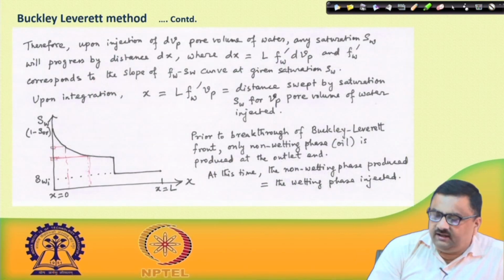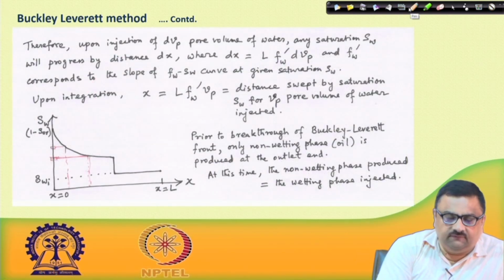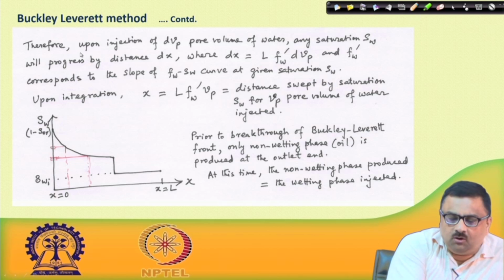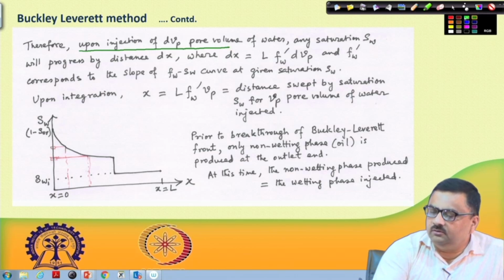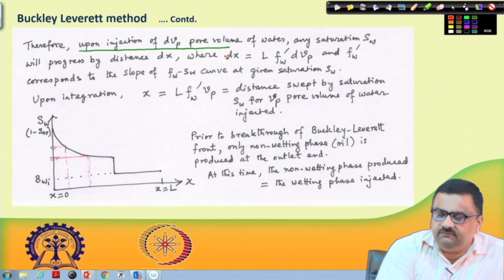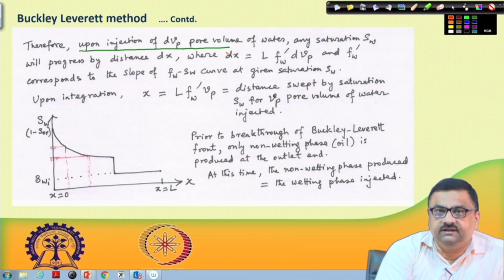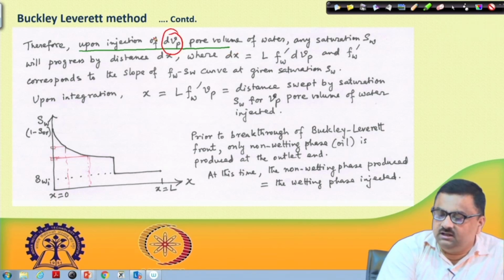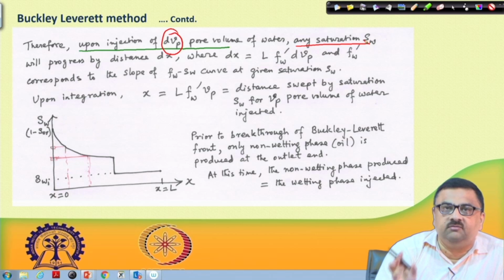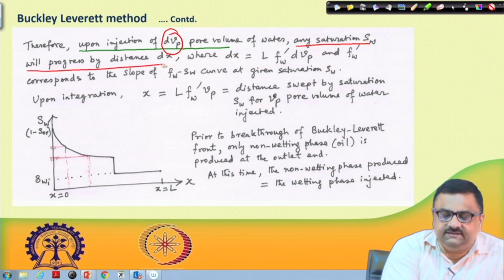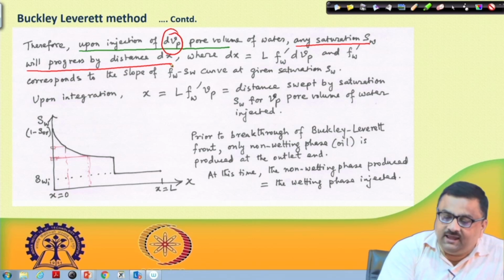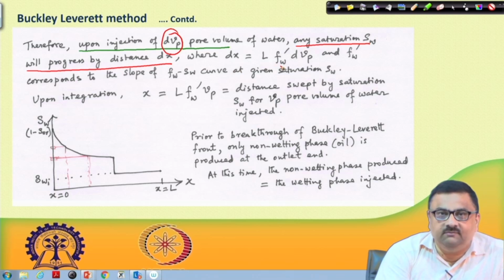Now, so what do we have here? Upon injection of dVp pore volume of water, any saturation Sw, that we are talking about, saturation packet, will progress by distance dx, where in the earlier page we had dx by L is equal to Fw prime dVp, or we can take L to the right hand side.